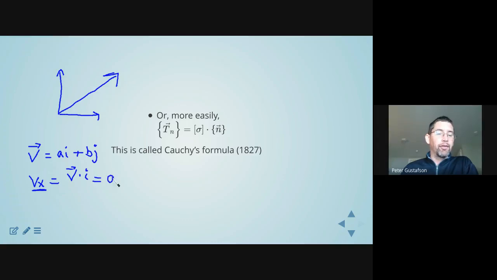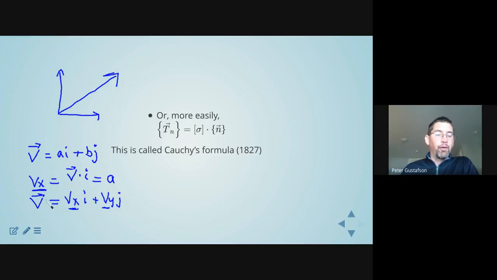So in this case, it's A. Really, I could have written this equivalently. So V, an equivalent way of writing what we had before, is Vx times I plus Vy times J. This is a scalar. This is a scalar. The combination of the two of them, when appropriately multiplied by the direction vectors, was a vector.